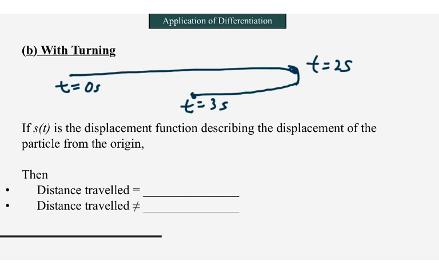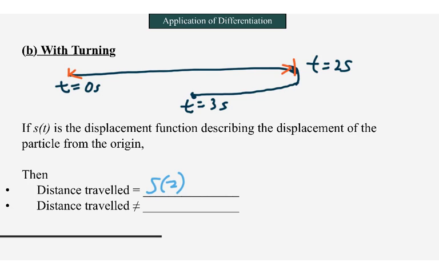If s of t is the displacement function describing the displacement of the particle from the origin, then for the distance traveled, we have to consider the part where it is traveling from this point to this point. This can be done by substituting t equals 2 in the function of s.